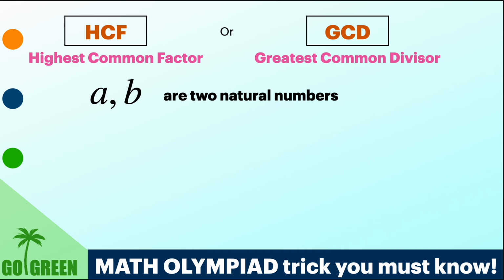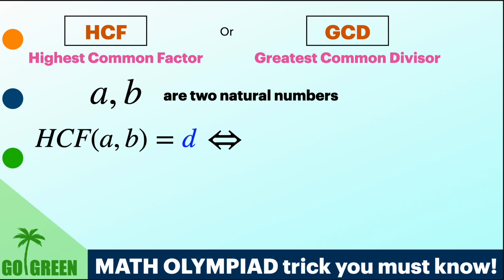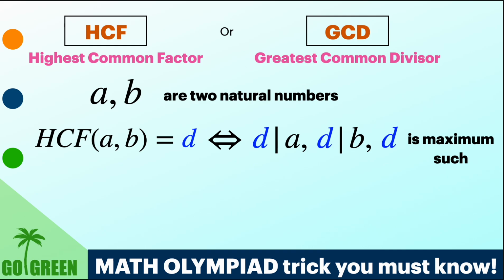So suppose A, B are two natural numbers. If the HCF of A and B is D, then what does this imply? By definition, D divides A, D also divides B, so D is a common divisor and D must be the maximum such. Then D is called HCF or GCD.